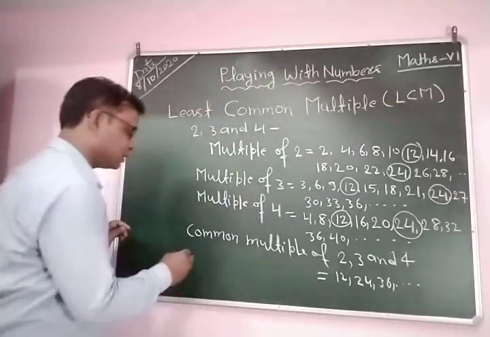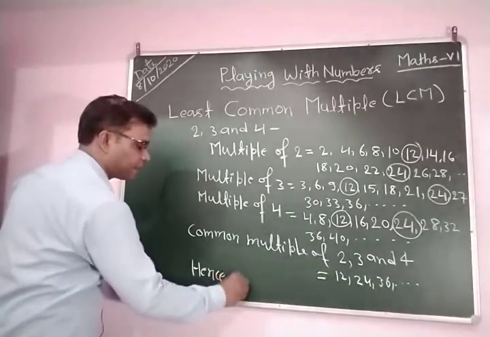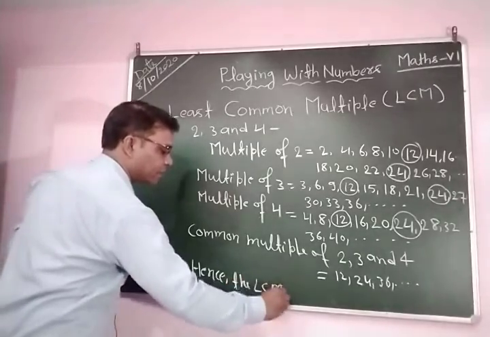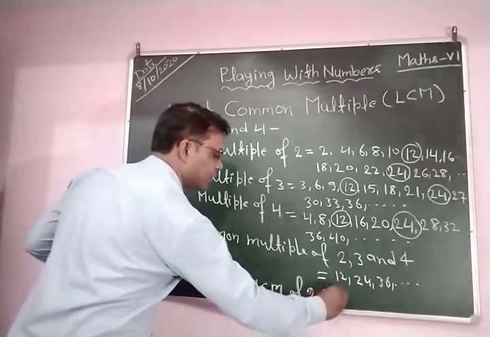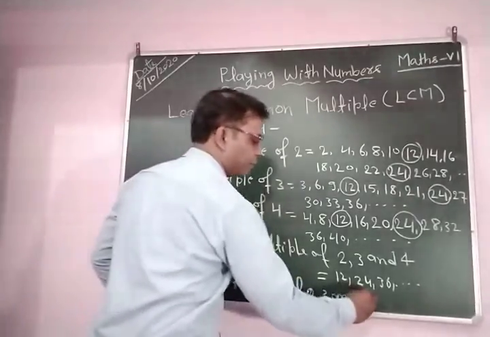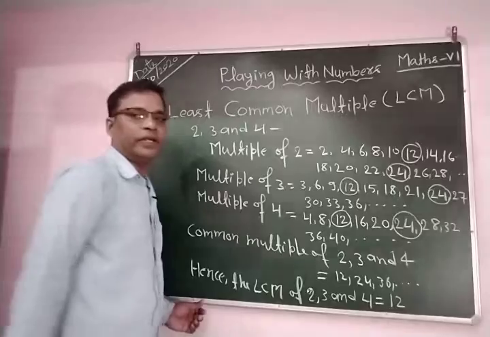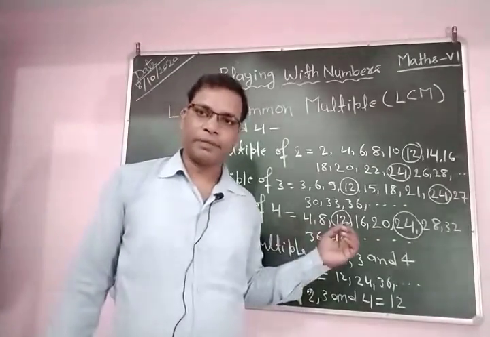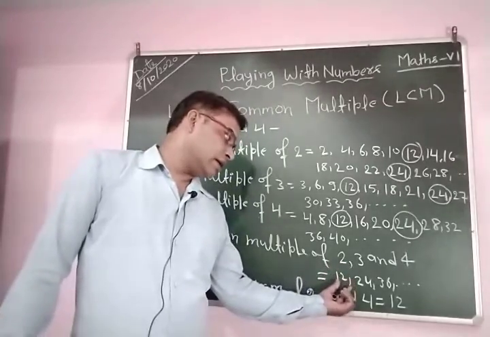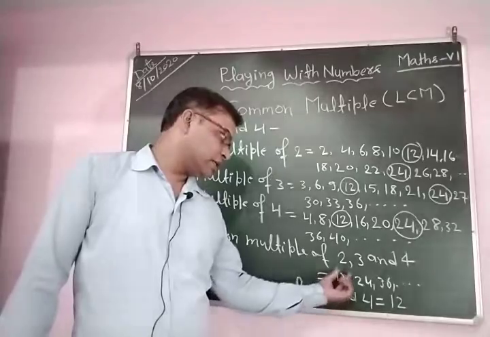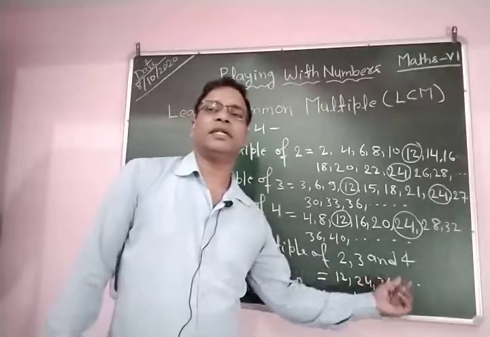Hence the LCM of 2, 3 and 4 is 12, because 12 is the first common multiple of 2, 3 and 4. Also you can say 12 is the least common multiple. The common multiples of 2, 3 and 4 are 12, 24, 36, 48 and so on.